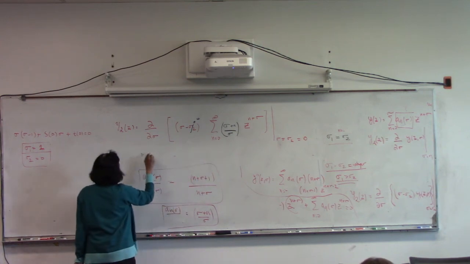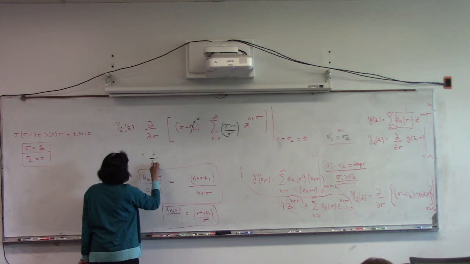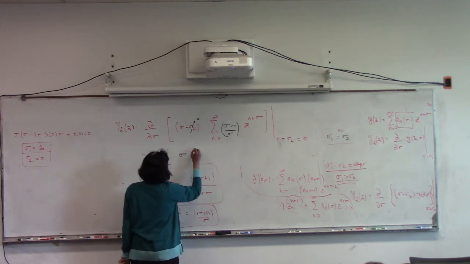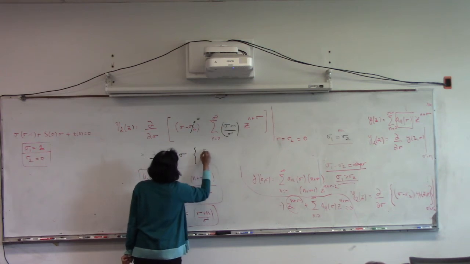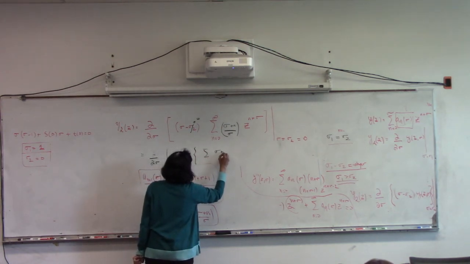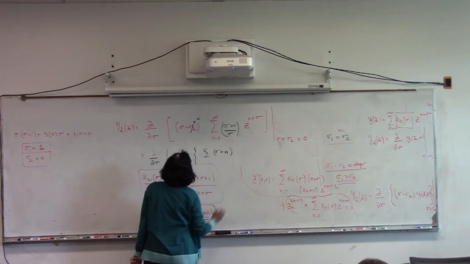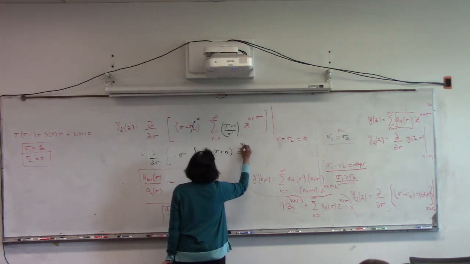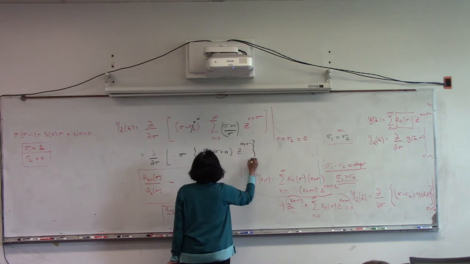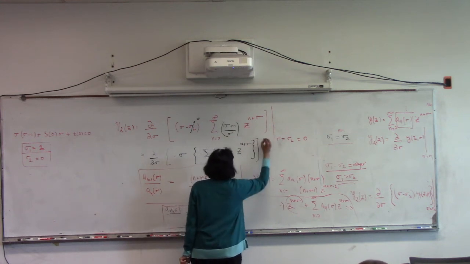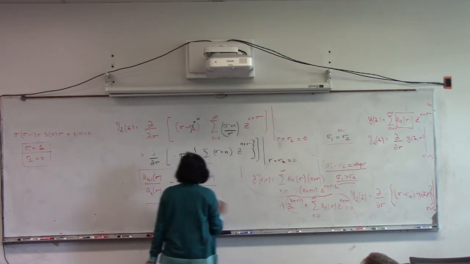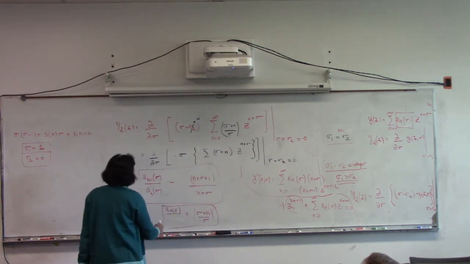So this one becomes partial with respect to sigma of sigma plus n, z to the n plus sigma. Okay. And whatever it is, I have to do this also. Sigma, after taking the derivative, I have to do the substitution.